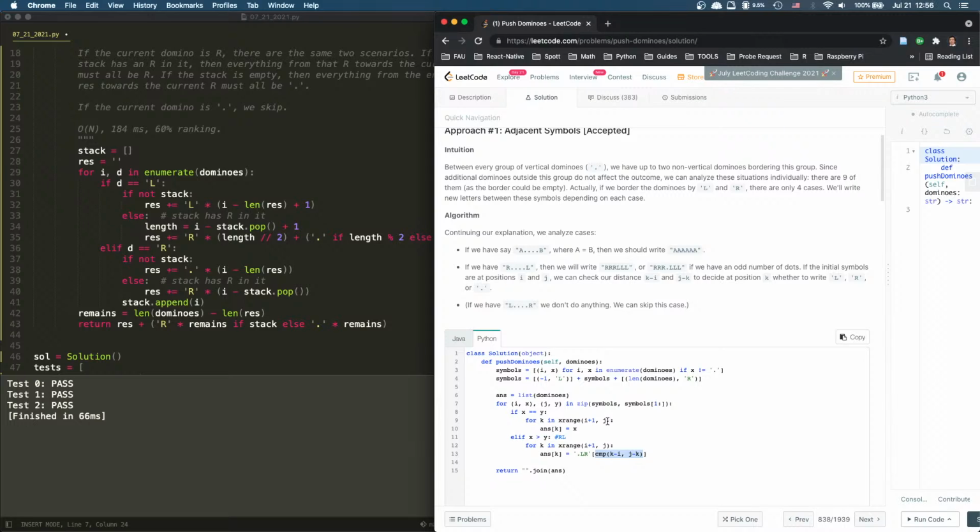Yeah, that's the one we need to worry about. And I always say, for the current one, if it's larger than i but smaller than j, we use... how do we figure?